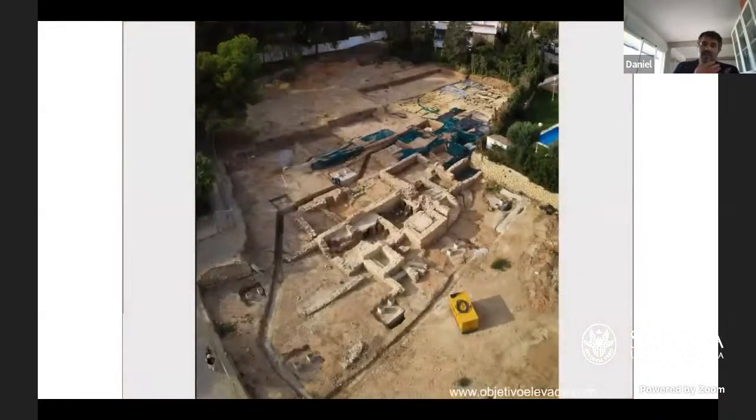Unfortunately, there are no epigraphic remains or historical references to this villa, but given the size of the balneum and the entire site, there is no doubt that the owners probably had a huge economic power and were part of the local elite of that time.